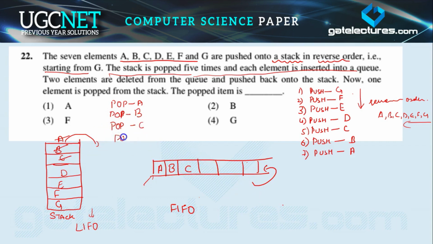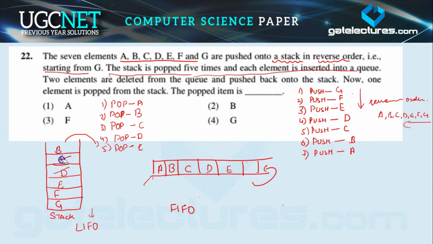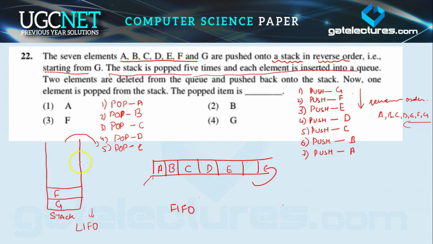Then we pop D and insert it into the queue, and then we pop E and insert it here. So 5 times, 1, 2, 3, 4, 5. 5 elements are deleted from the stack. Now F and G are left in the stack.